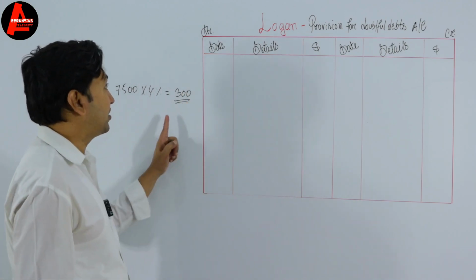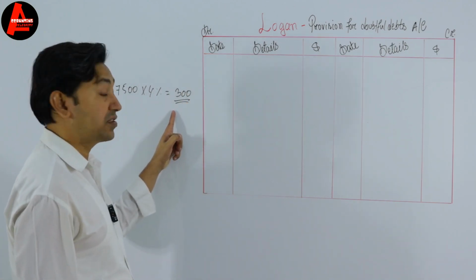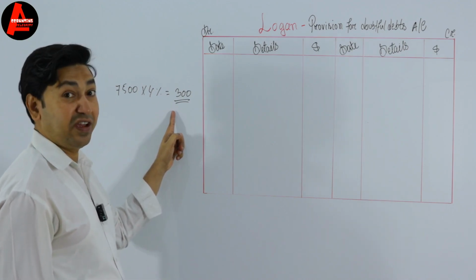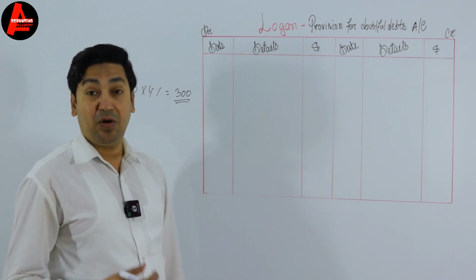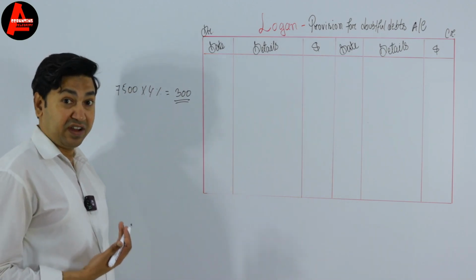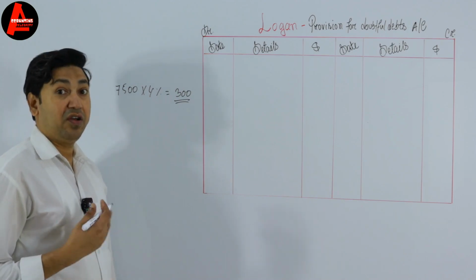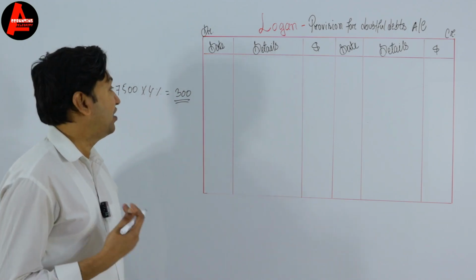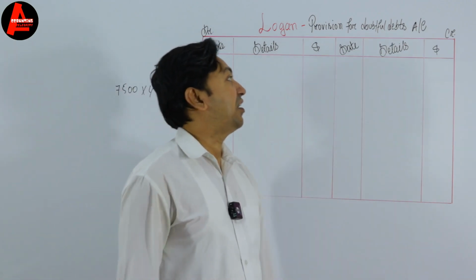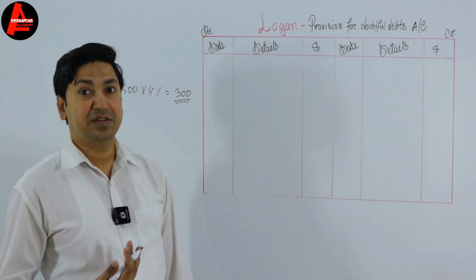This is the provision for doubtful debts at the beginning of the financial period, the opening balance of provision for doubtful debts. It will have a credit balance, so this opening balance will be recorded on the credit side as balance BD.